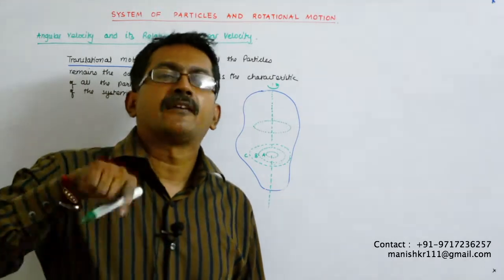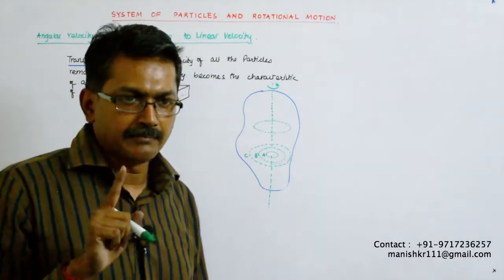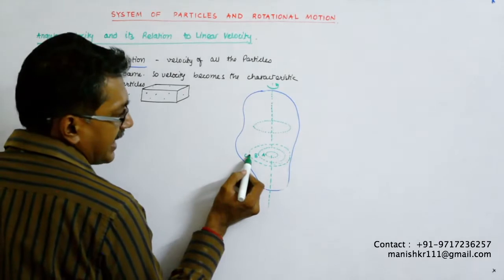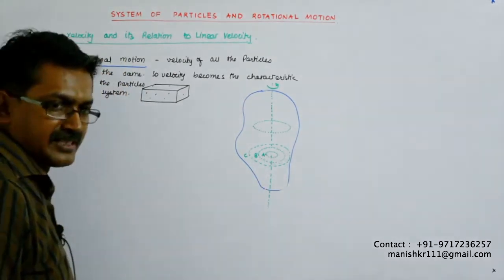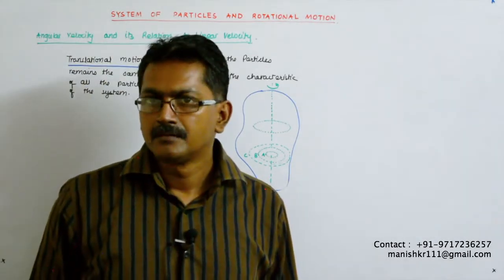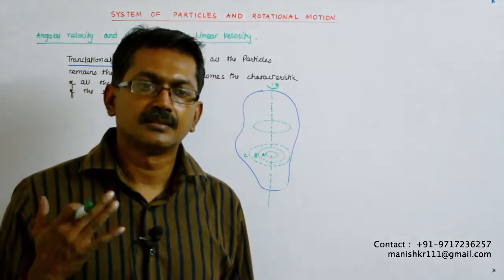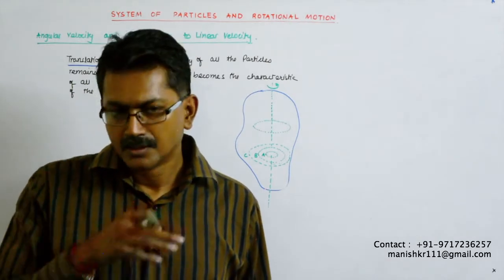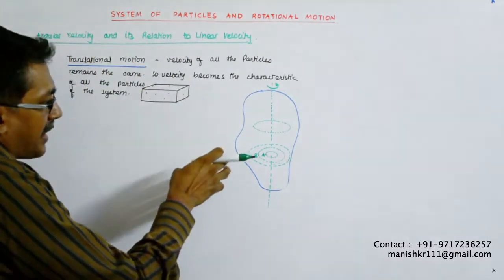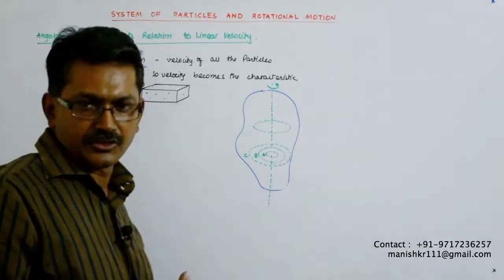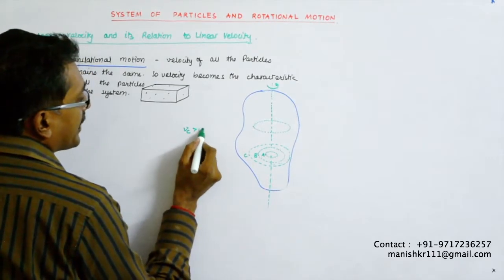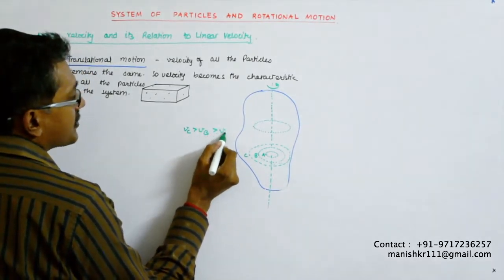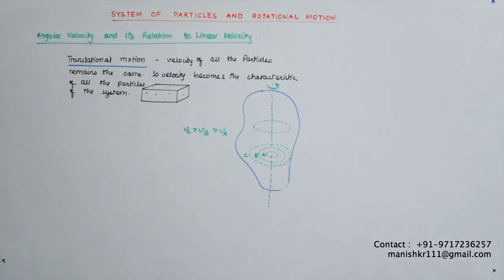Now all of them have taken the same amount of time, but the particle C has traveled a longer distance than particle B, which has traveled a longer distance than particle A, and the time that they have taken is the same. So the velocity of particle C is more than the velocity of particle B, which is more than the velocity of particle A.